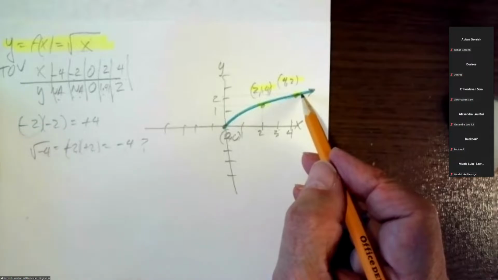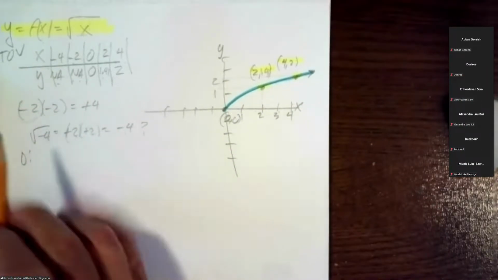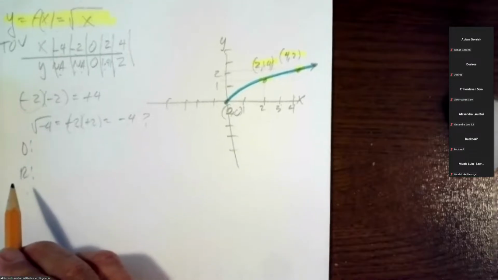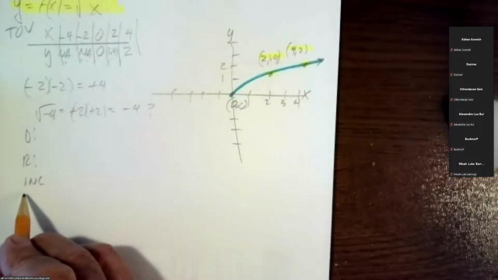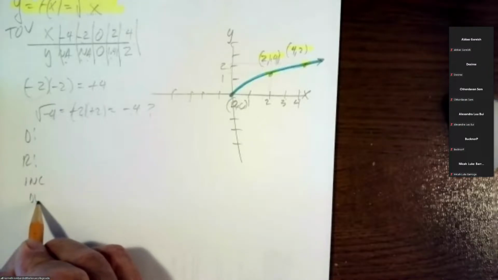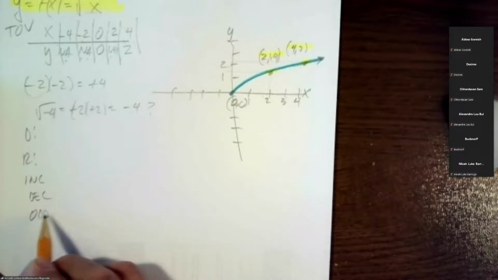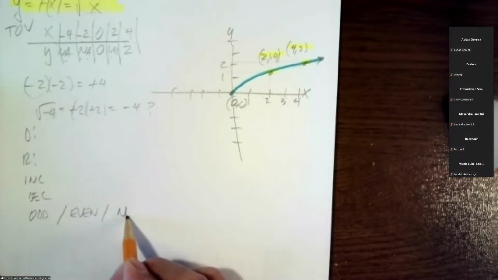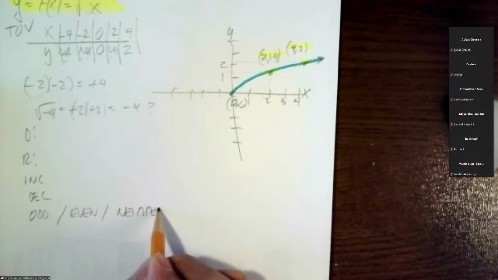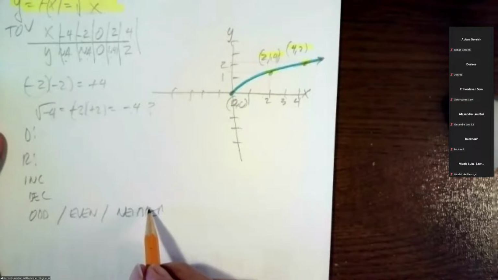And now we want to see if we can answer the same questions. We're looking at domain and range. Where is it increasing? Where is it decreasing? And is the function odd or even or neither, again, based on our previous definitions?